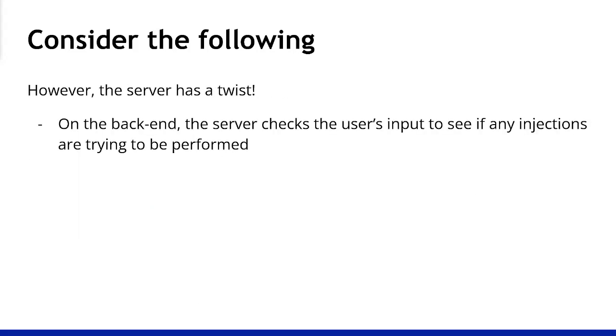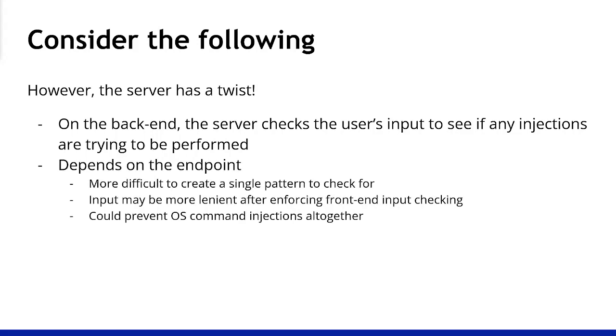Now, as this is the backend section of the workshop, the server is checking for user input on the backend. So if it finds an injection, then it's going to stop itself before it makes the terminal call, and then return an error in our case.